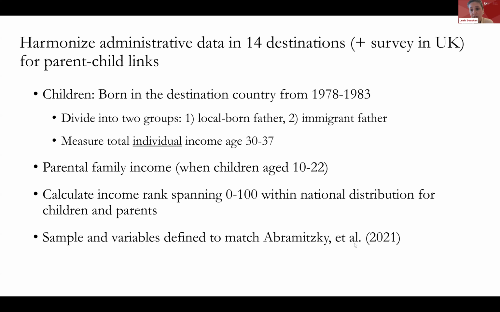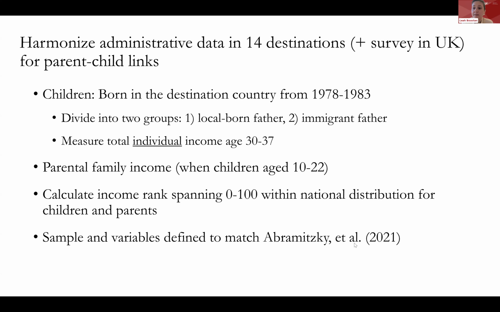Our measure of success is total individual income earned by the child when he or she is in their mid-30s. And we are currently working with the same team of co-authors to look at household income instead. Household income is importantly different for those who marry and have spouses of different income levels. And so at the moment, we are going to be focusing only on the individual side.